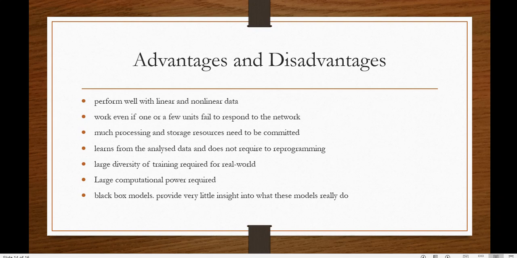So basically they are the key features or characteristics, but at the same time they can be advantageous or disadvantageous. The first thing is that it performs well with linear and non-linear data. That is very important, because all possible types of data may be sent and I can process it in many different ways. We can send the data in all possible combinations from one layer to another.